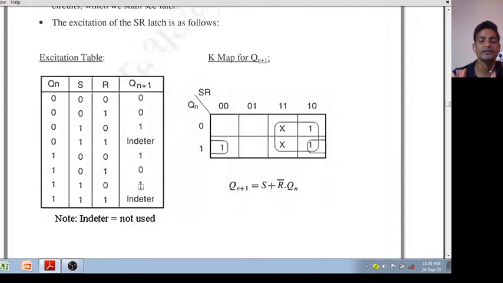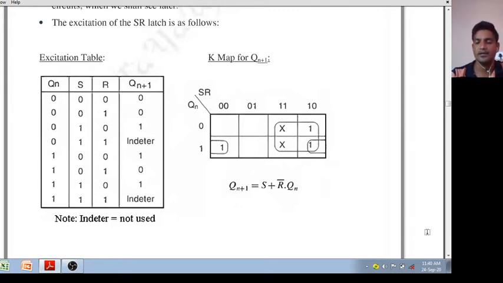Next 6, 1 1 0, this is your 6. 1 1 1, 7, this is X. Now 1 quad and 1 pair is possible. So what will be the value of Qn plus 1 equal to? It is S plus R bar Qn. S plus R bar Qn. This is called your characteristics equation of SR flip-flop.